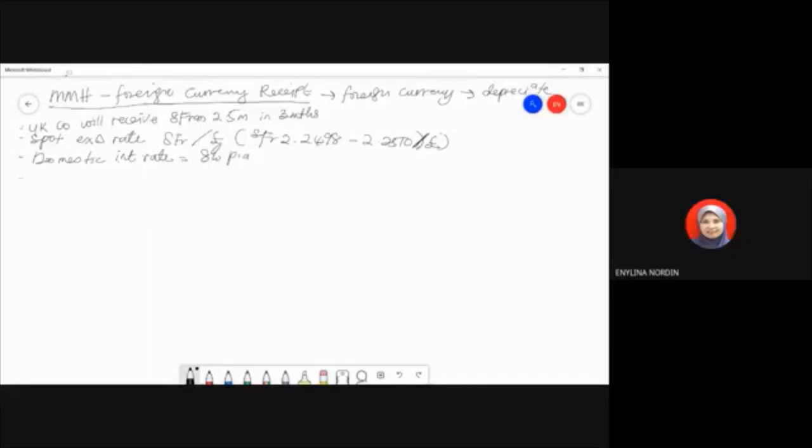And the foreign interest rate, that is in Switzerland, is 7% per annum.